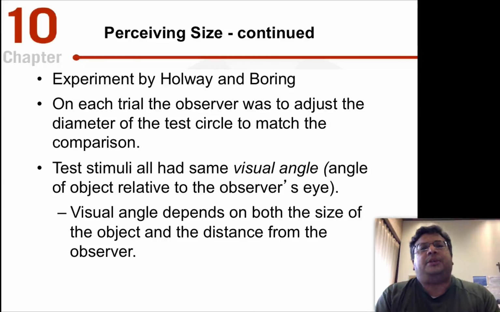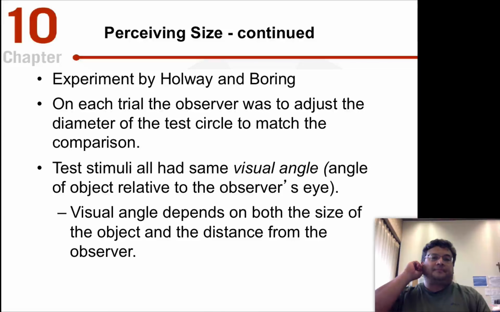So what they did was, on each trial, the observer looked down this hallway that had the circle at different distances, and they were told to adjust a dial to make the test circle the same size as the one they were looking at. So they would look down the hall and see the circle, and then they would look at the circle there in the comparison. They would adjust the dial to make it look like it was the same size.